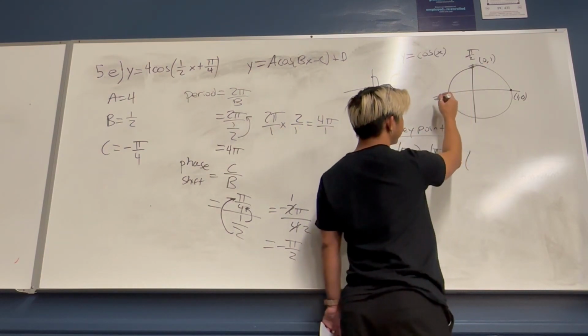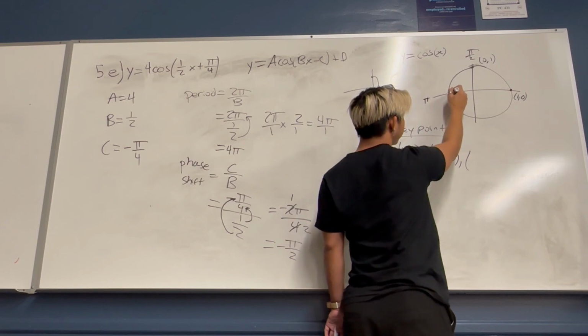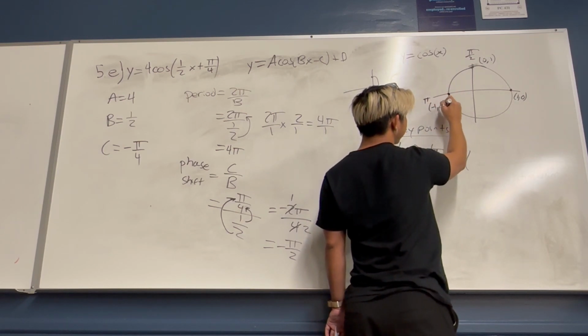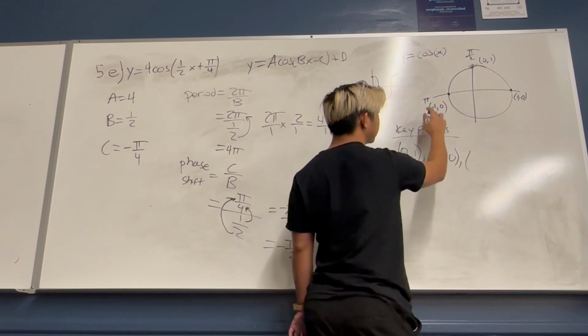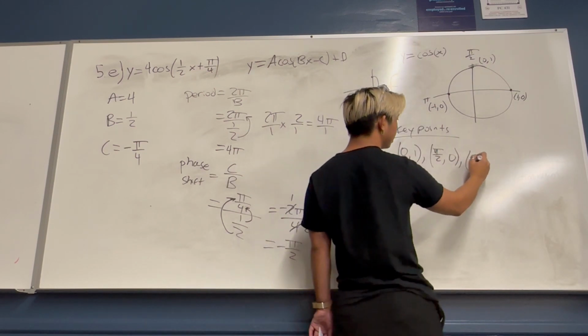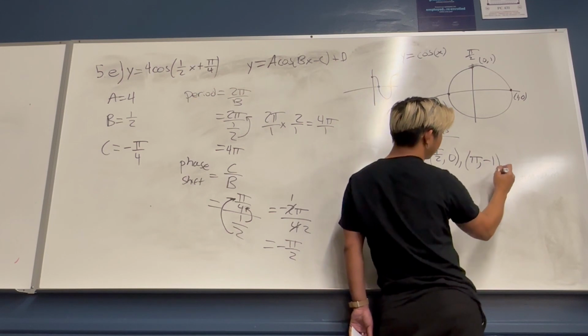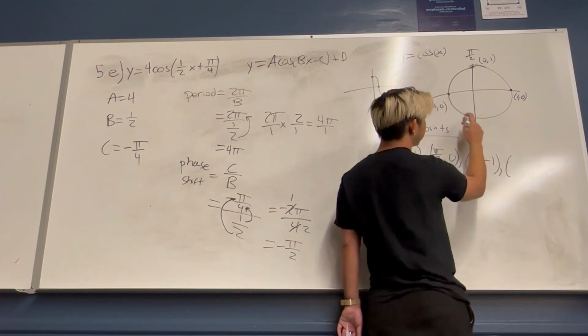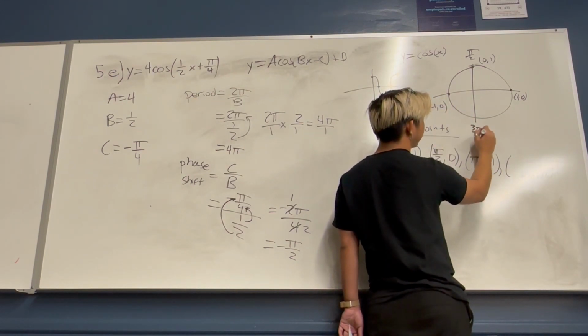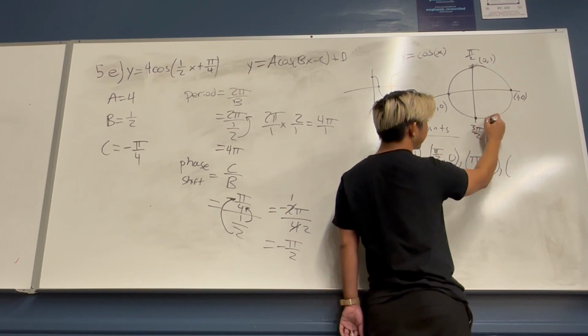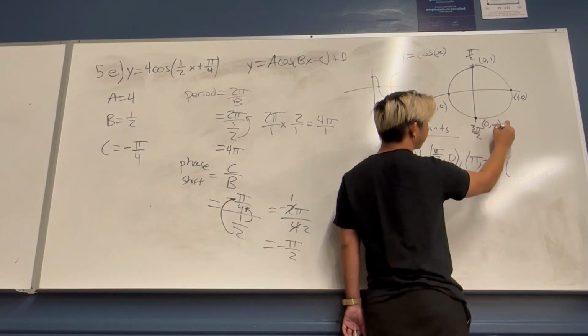So if we travel over to here to pi, what's the coordinate here? Negative 1, 0, right? So what's our angle? Pi, and then what's our x coordinate? Negative 1. Now we travel down to 3 pi over 2, and what's our coordinate here? We have 0, negative 1, right?